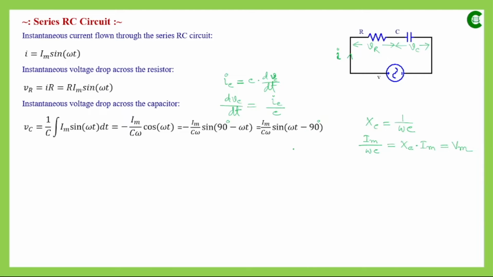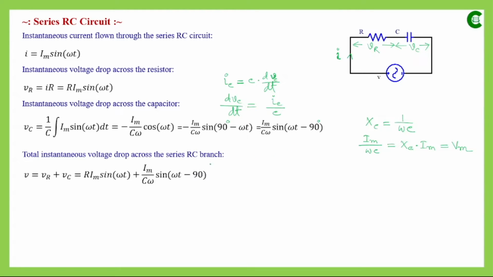Now further, if we calculate the total instantaneous voltage drop across that series RC branch, we can do it this way. This voltage V will be the summation of these two individual voltage drops, and we can also prove that by applying KVL in this closed path. So small v will be equal to VR plus VC.